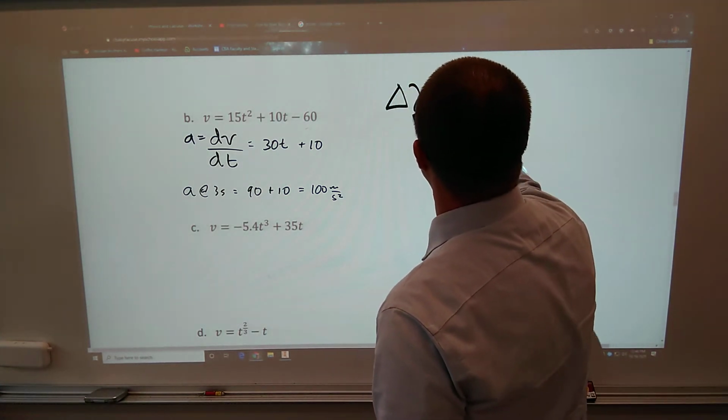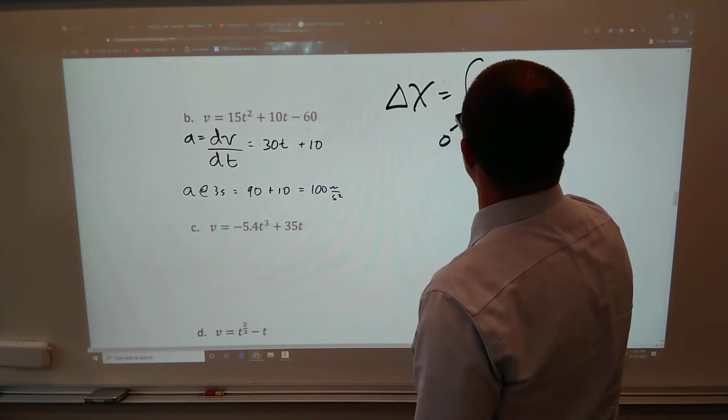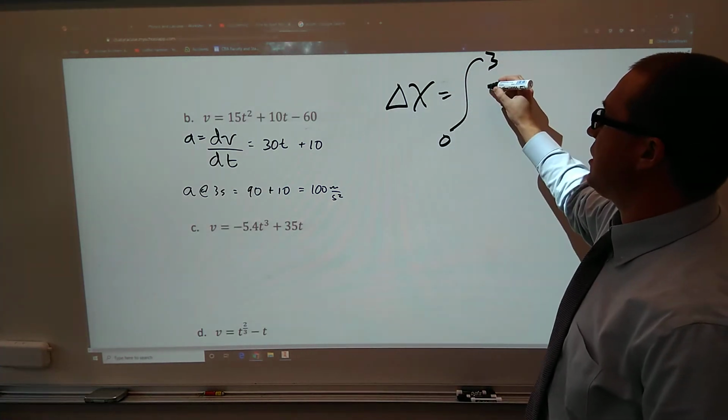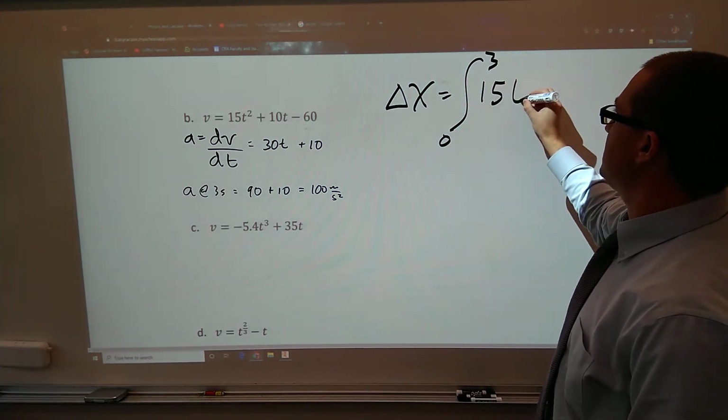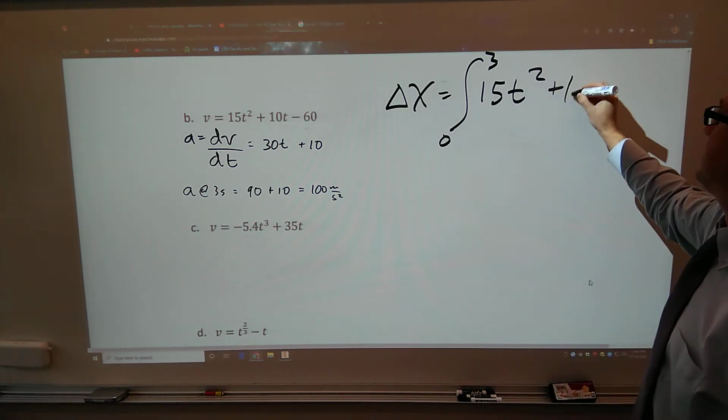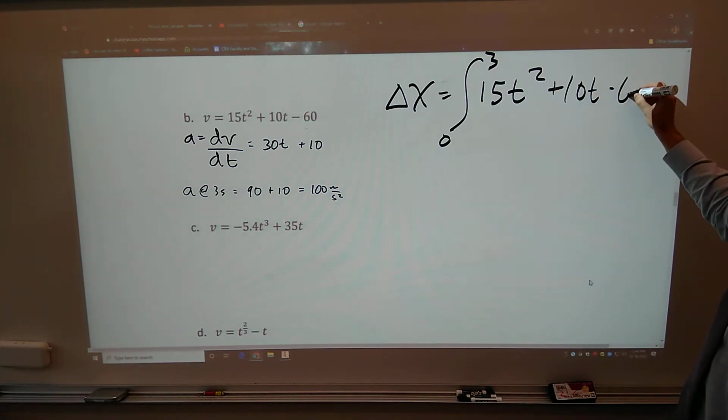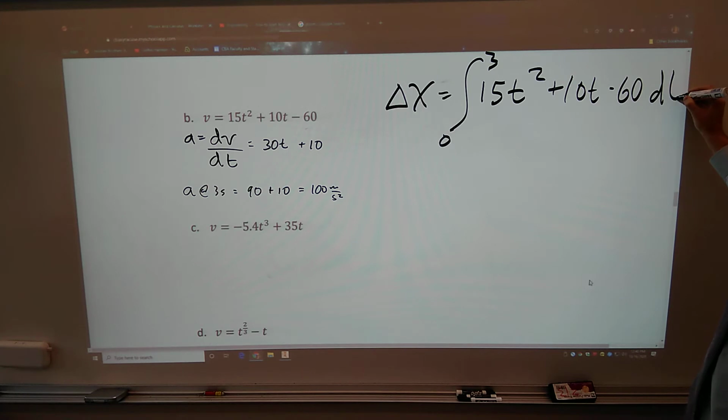Delta x equals the integral from 0 to 3 seconds of 15t squared plus 10t minus 60 with respect to time. All right? Yeah, that's quite a bit better.